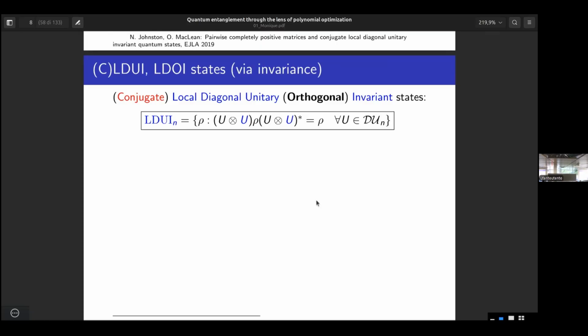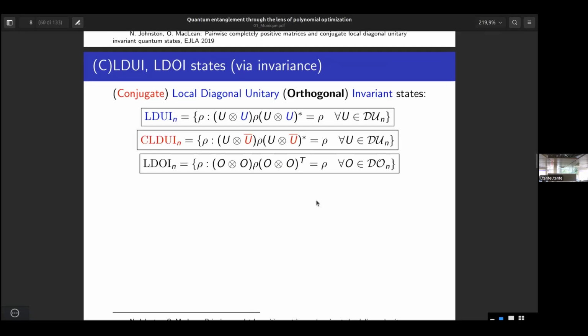Now comes the red part, conjugate. Conjugate is the same definition, except that on the B register you replace U by its conjugate. Then comes LDOI, with O for orthogonal, where instead of unitaries you now take orthogonal matrices, diagonal.